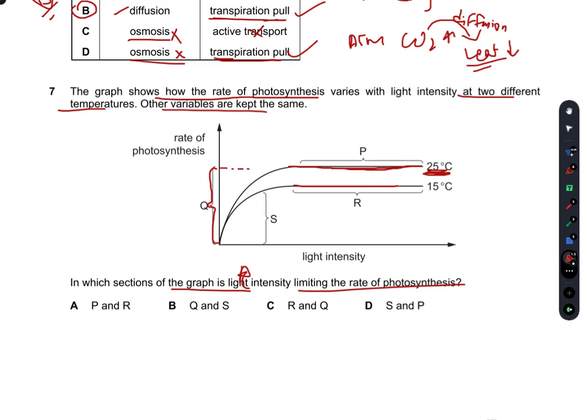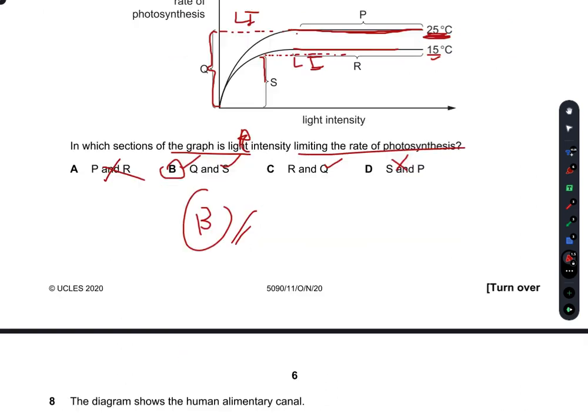At this position Q, the light intensity plays its role and it limits the rate of photosynthesis of P. So Q is working, so we can rule out A and D. Whereas for R, at a temperature of 15 degrees C, the rate of photosynthesis is limited by S. At S, the rate of photosynthesis becomes constant due to light intensity. So Q and S are the right option, meaning B is the right answer.